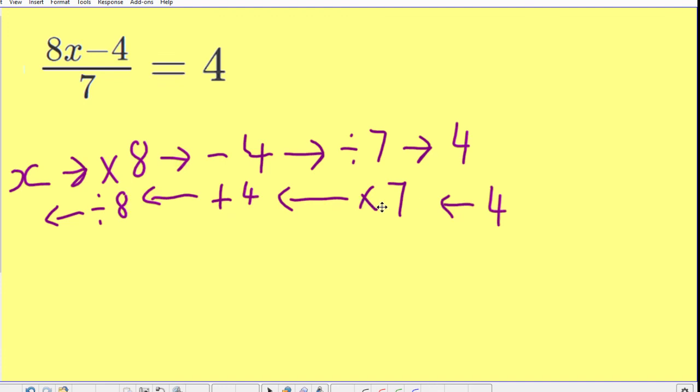So 4 times 7, 7, 14, 21, 28. So on the long ones, it's sometimes helpful to write on each arrow as we go. So that's 28. We add 4, which gives us 32. And then we divide by 8, which is 4. So x here is equal to 4.